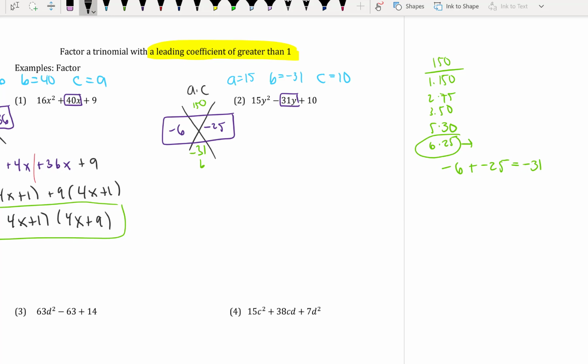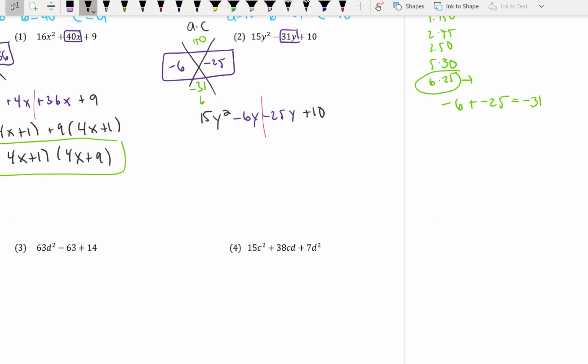So now I have a 15y squared, and now to replace that b value, I have a negative 6y, a negative 25y, and a positive 10. So I split it down the half, and the first two, what they have in common is going to be a 3y. So I'm left with a 5y minus 2.